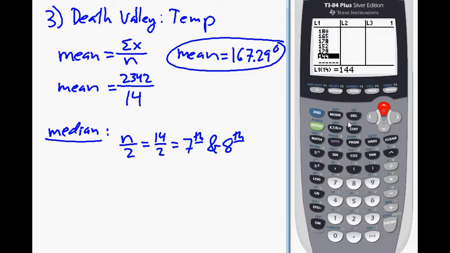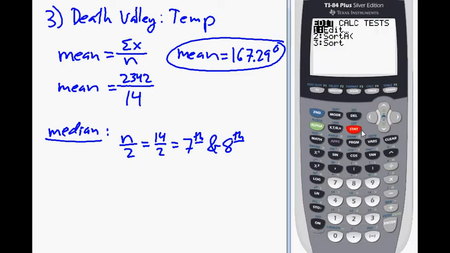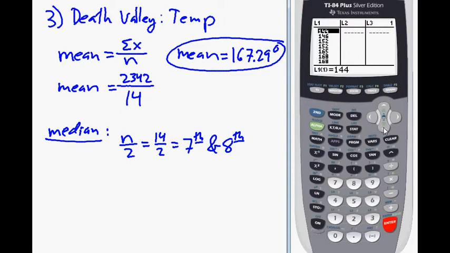So what we're going to have to do is come over here, and this list isn't ordered yet, so we can go to stat and go to our sort A, and we can sort L1 into ascending order. And then when we go in to look at the lists, we can scroll down, and this is the 8th position, 174.